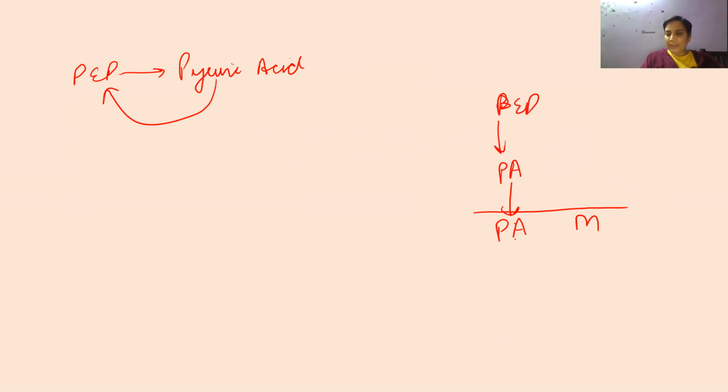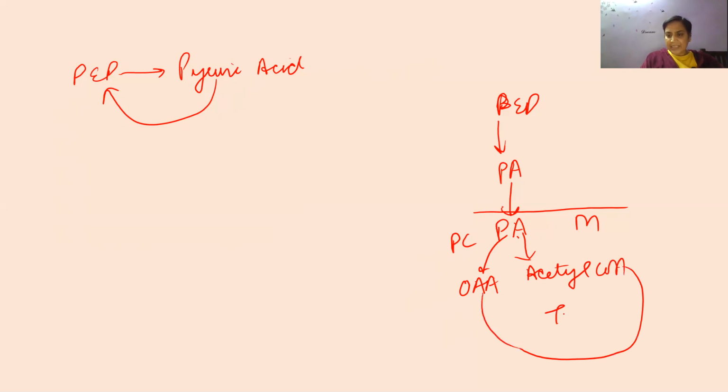So this pyruvic acid is converted into oxaloacetic acid in the presence of the enzyme pyruvate carboxylase. On the other hand, this pyruvic acid is also converted into acetyl coenzyme A, where the TCA cycle is going on. Right? So you can say pyruvate carboxylase is the enzyme present in mitochondria.